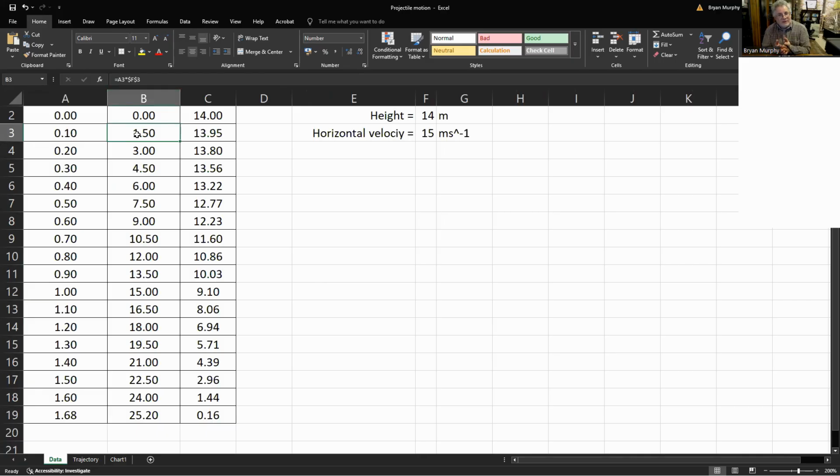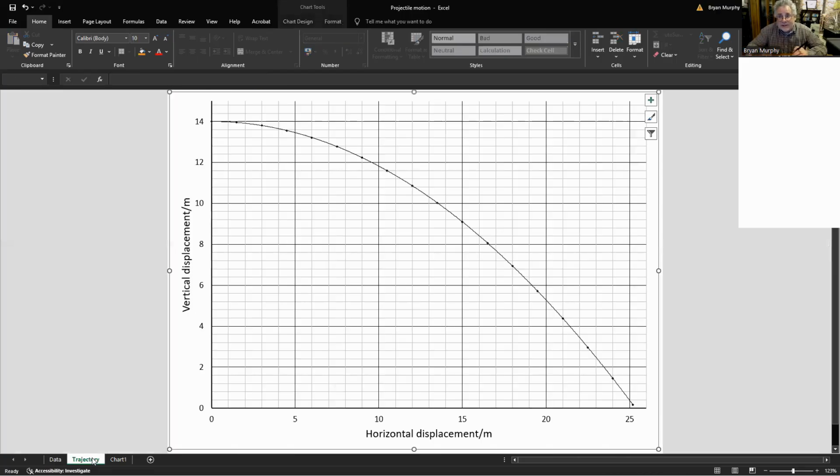The dollar F means it's always in column F, and the dollar 3 means it's always in row 3. It is always F3. So when you copy the formula down, it stays at F3. It doesn't move as you go down. You will write a spreadsheet and you will find out what I mean when you use the dollar notation. It is super, super important. Anyway, there is my trajectory. It works. So there's the trajectory.